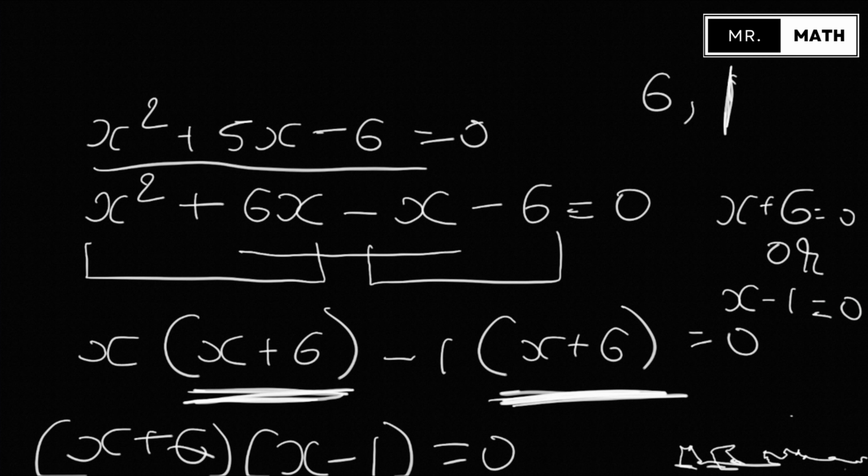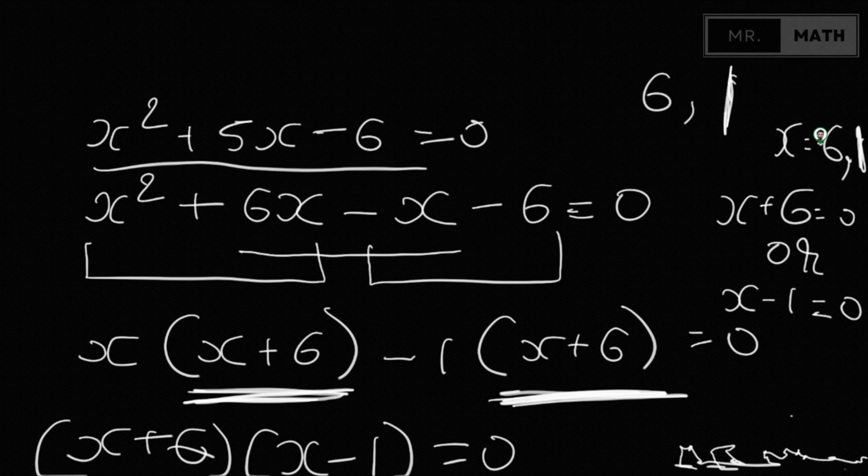If any of the terms is 0, then the equation is 0. So x can be minus 6 or x can be 1, right? If x is minus 6, this equation is 0, and if x is equal to 1, then also this equation is 0, right?